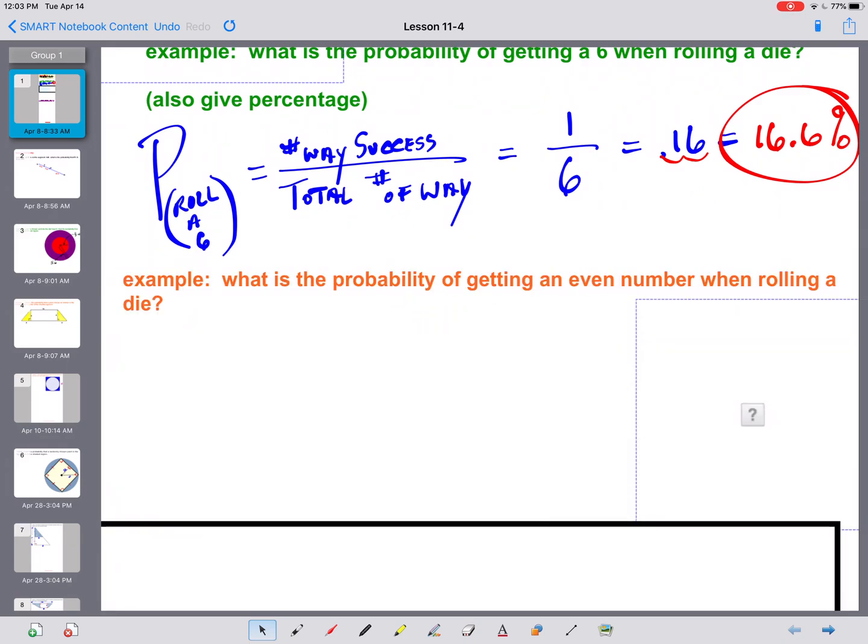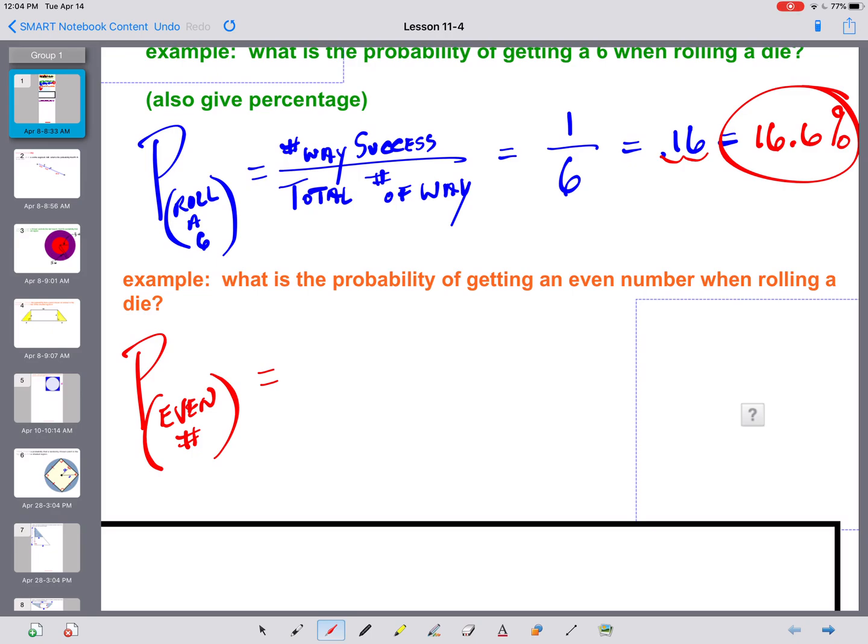Okay, let's look at another problem. What's the probability of getting an even number when rolling one die? On top, how many ways can you be successful getting an even number on one die?